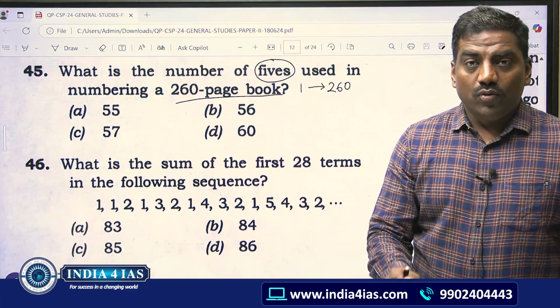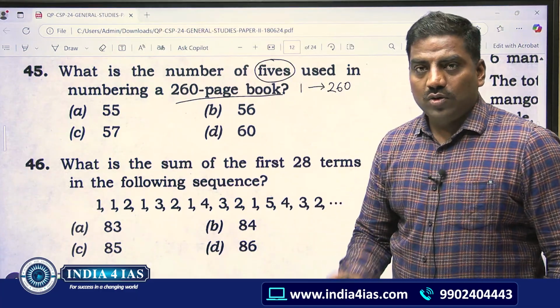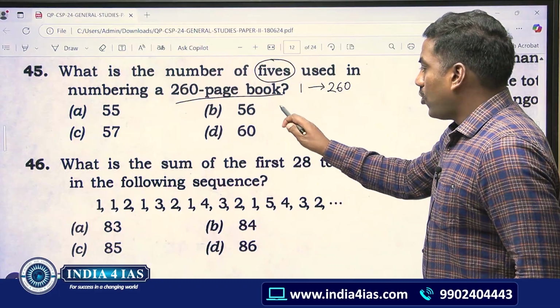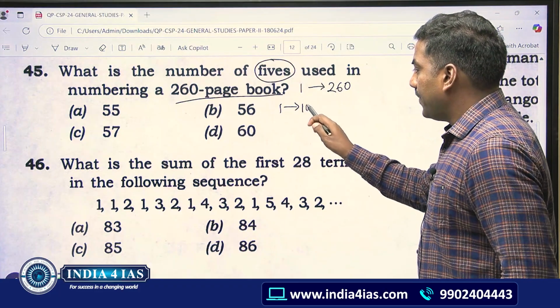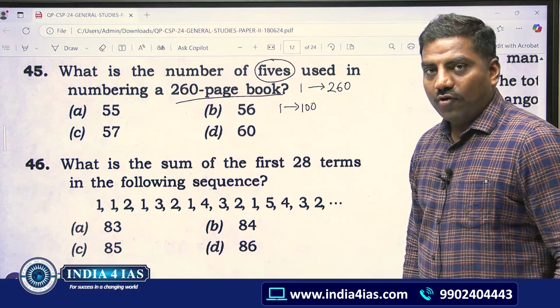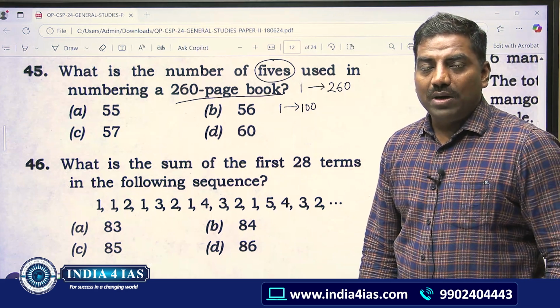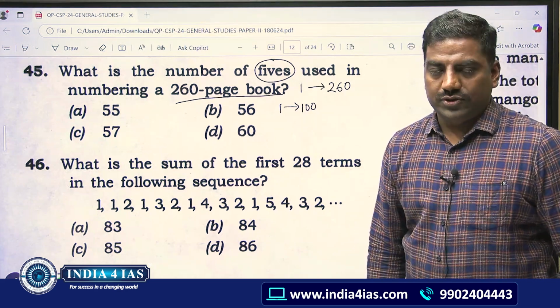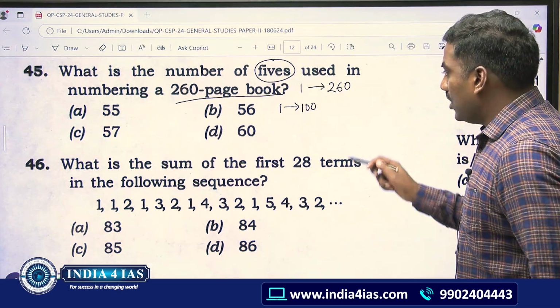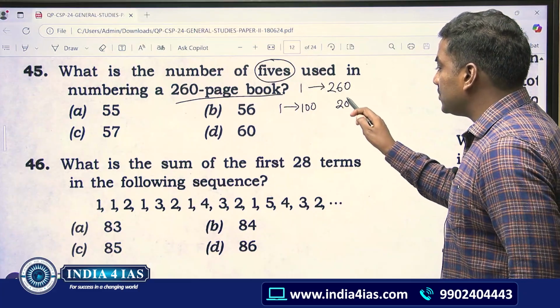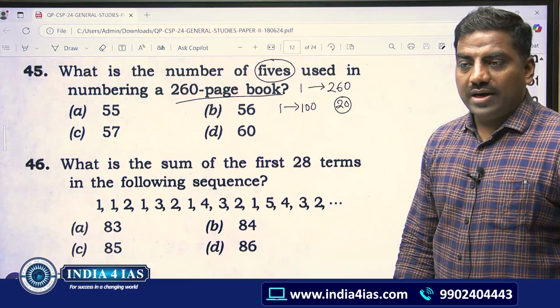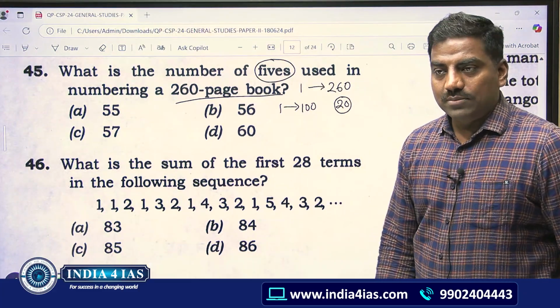I'll give one particular shortcut. From 1 to 100, any number from 1 to 9, I am not talking about zeros, will be used 20 times. So in 1 to 100, 5 is used 20 times.